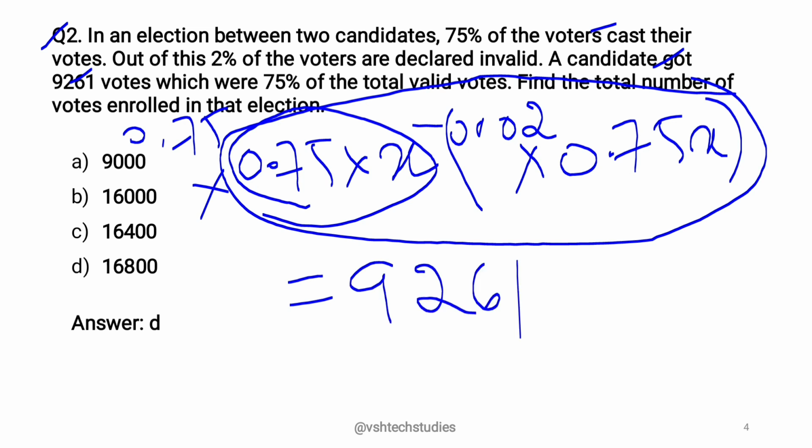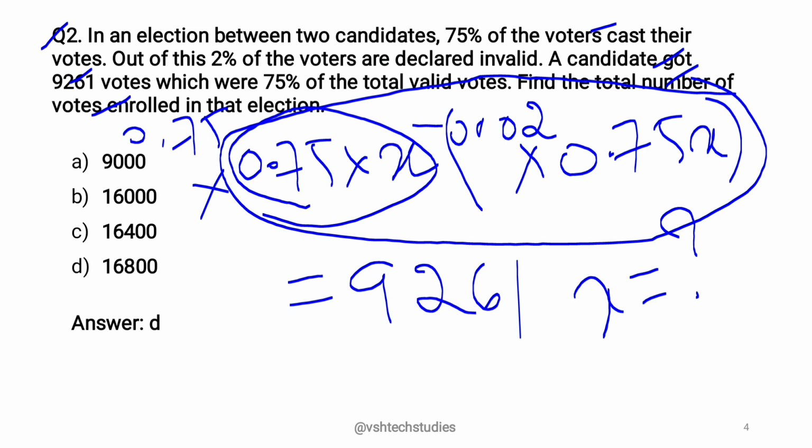So then what is the question here? Find the total number of votes enrolled in the election. So then what is X? How many voters were there? So this is the analysis and approach to the problem.